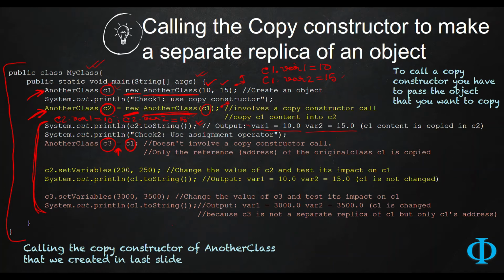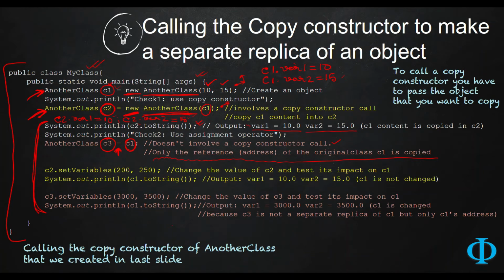I am doing it just to show you that it is not correct. As I have mentioned earlier, it does not involve the copy constructor call, and only the reference or the address of the original object C1 is copied, not a separate replica. Okay, so once again, how to prove it?